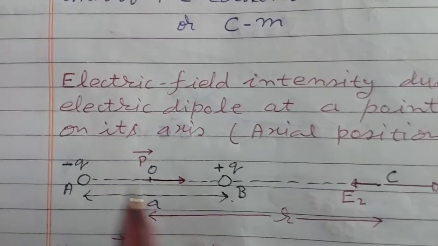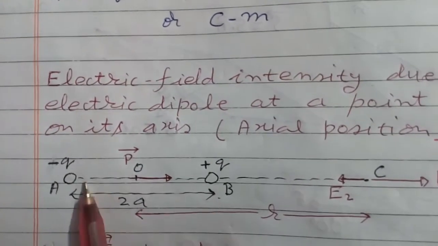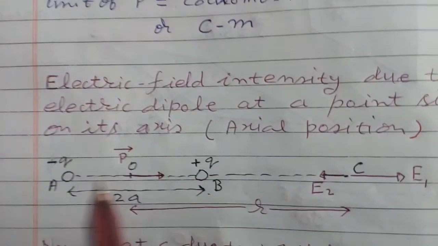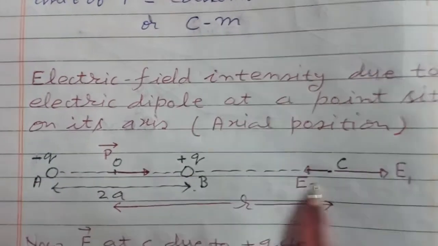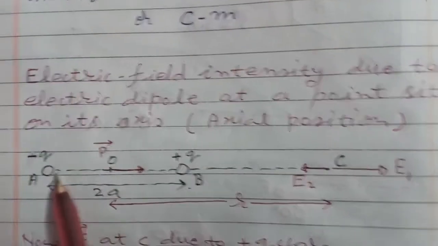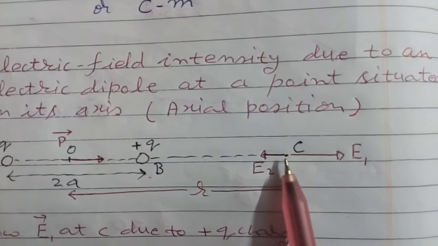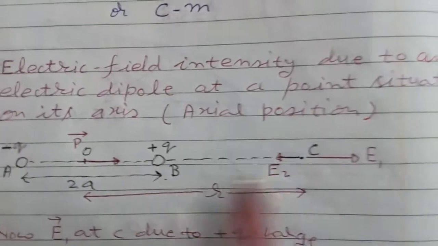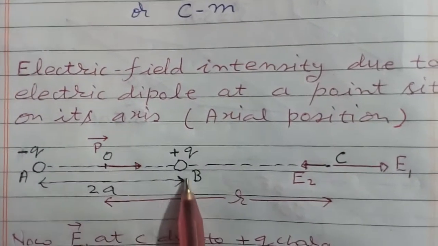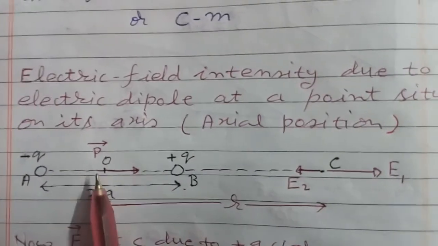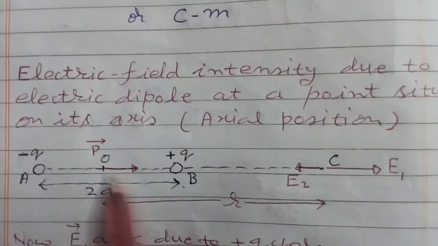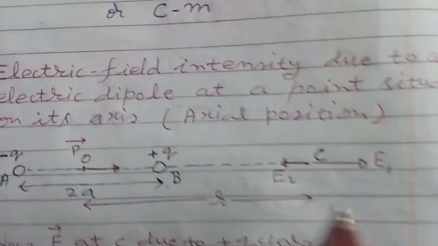They are at a distance 2a. Now we have to calculate electric field intensity at point C. If we extend this line AB, then C is on this extended line. Now midpoint of this dipole is O. Distance of point C from O is r.